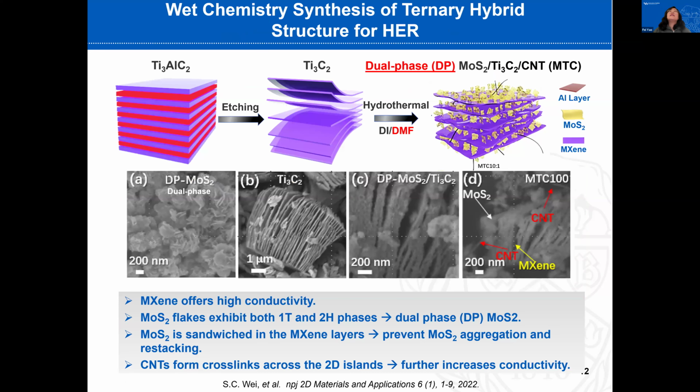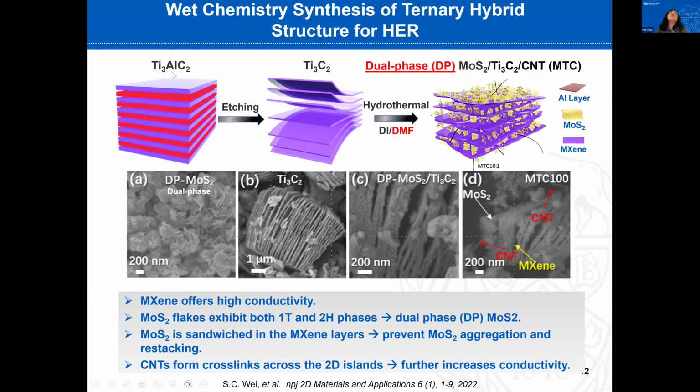The ternary structure is synthesized by a wet chemistry strategy. Basically, we have MXene, which is a highly conductive material, which can be used as a substrate for MoS2 to nucleate during the hydrothermal reaction. We have titanium aluminum carbide, which is the parent phase of the MXene.